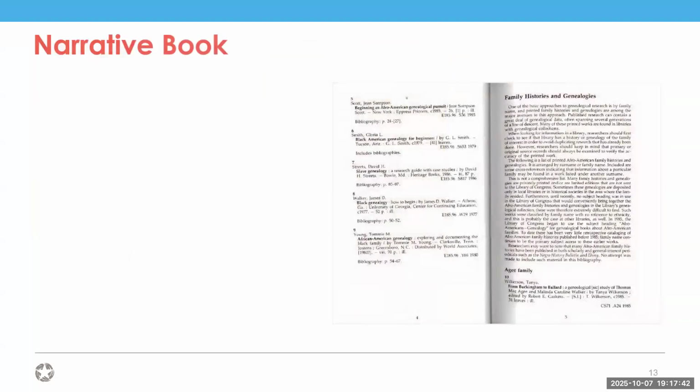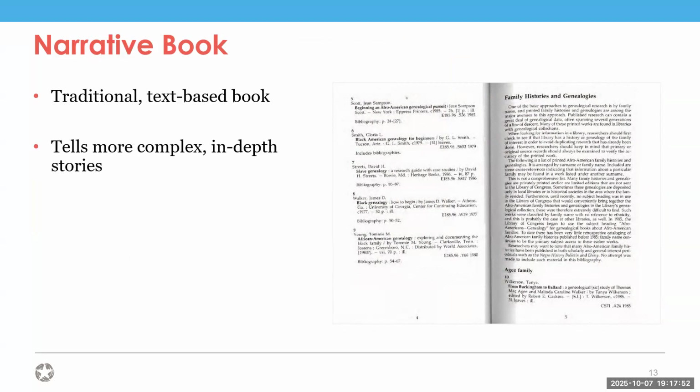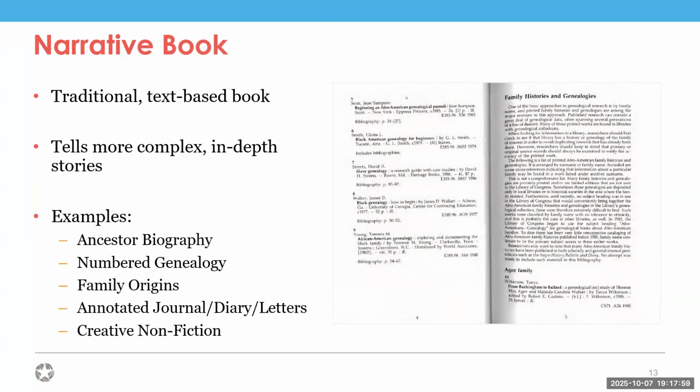So if you're looking at a narrative book, a traditional text-based book, tongue twister, this tells a more complex, in-depth story, right? You can have a few images, but the emphasis is going to be on the writing. Perhaps an example of this type of book is an ancestor biography.